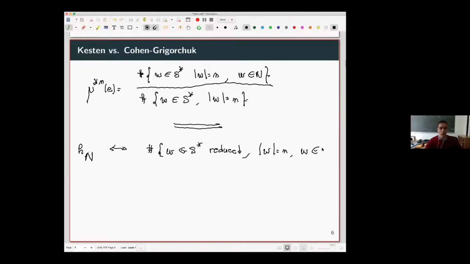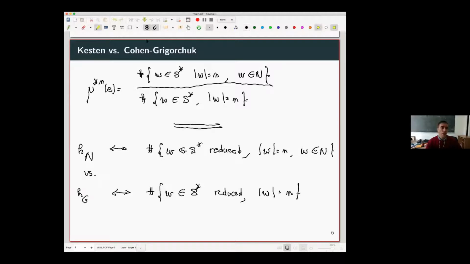If I want to compute h_N, then I look at all the words which are reduced of length n and which belong to the normal subgroup N. And you compare this to the growth rate of the group G itself, which is asymptotically the number of elements which are, again, reduced and whose length is n.